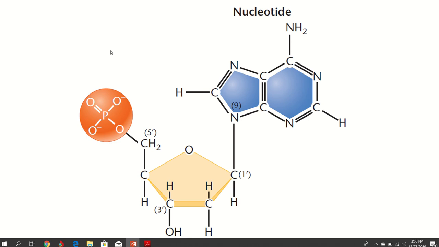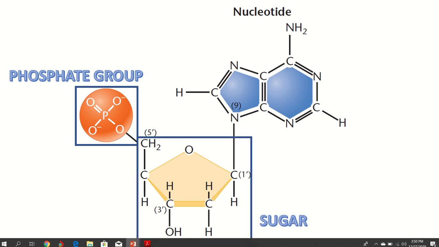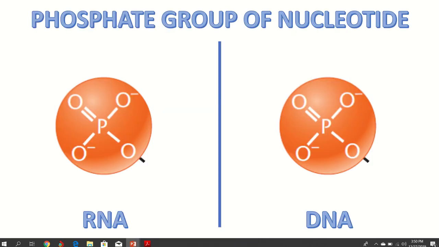A nucleotide is a compound, which is a combination of three smaller compounds, which are the phosphate group, sugar, and the nitrogenous base. So let us differentiate the three smaller molecules and compare them between the DNA and RNA.